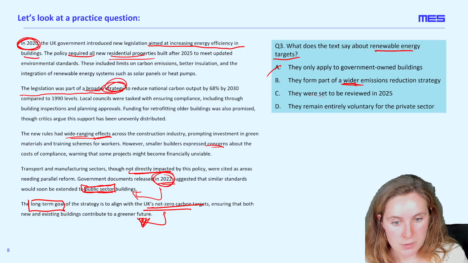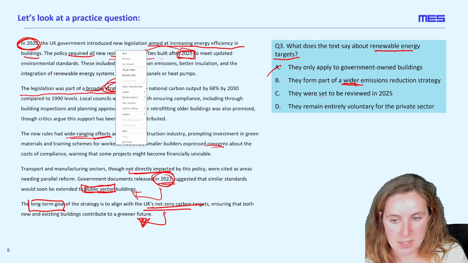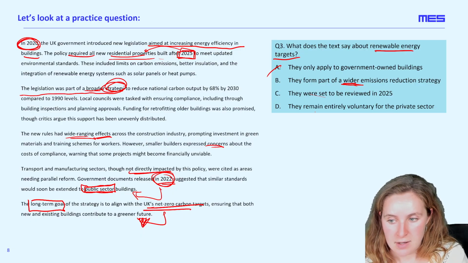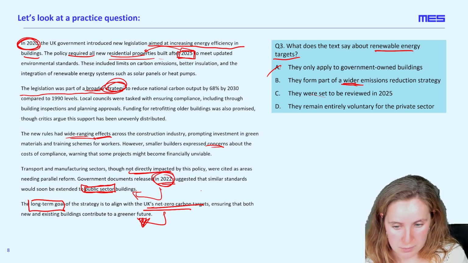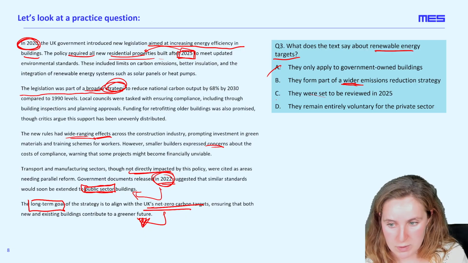Set to be reviewed in 2025. If we scan for the word 2025, here we find it, the number 2025. But this is only in reference to the properties being built after this time, needing to meet different standards. It doesn't say anything, if you keep scanning through, that this ever was set to be reviewed, but just that there were more documents released in 2022.